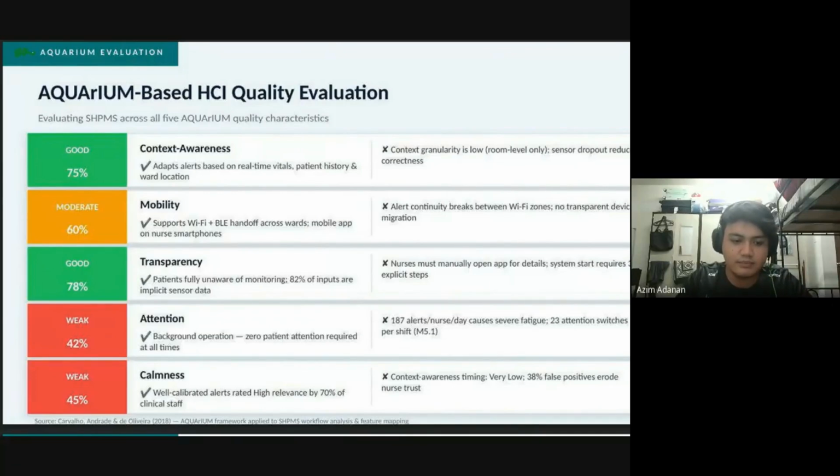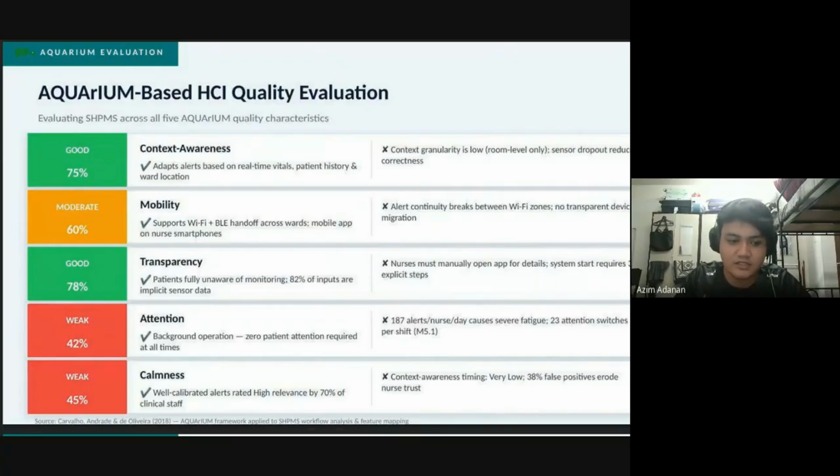82% of the inputs are explicit, but nurses still need to manually open the app for the details. Next, we have the attention score, which is 42%, which is weak. The 187 alerts per nurse per day cause severe fatigue and focus disruption.